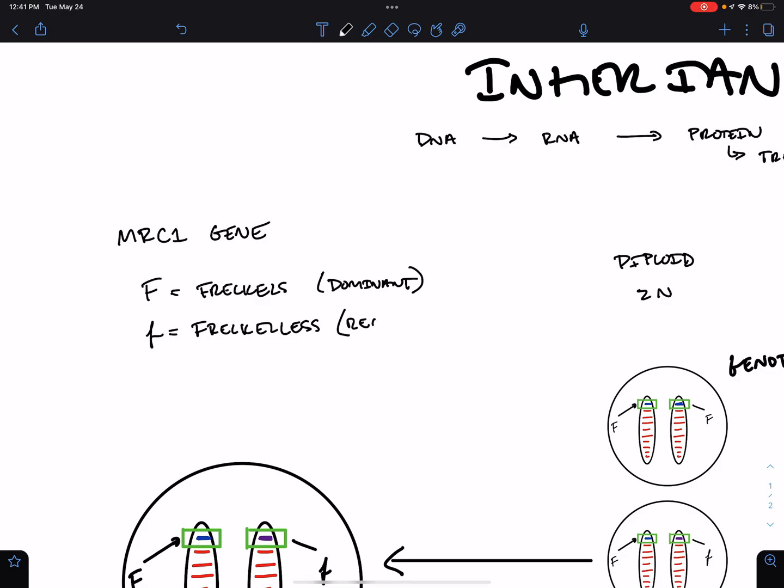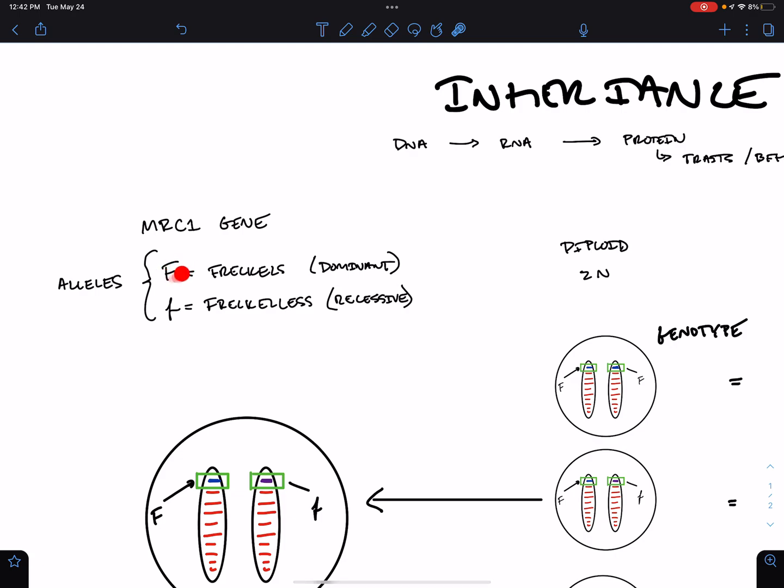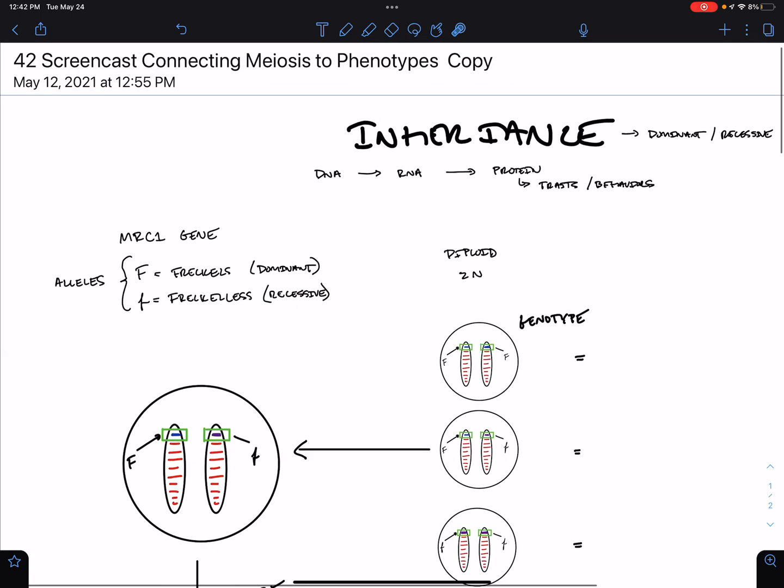This is recessive. So these are the two alleles of the MRC1 gene. Typically, we make the capital letter the dominant allele and the lowercase letter the recessive allele. That's just generally how people do it.